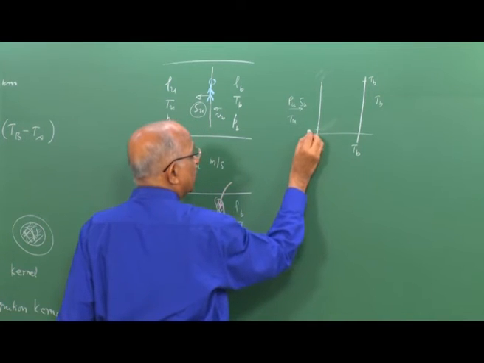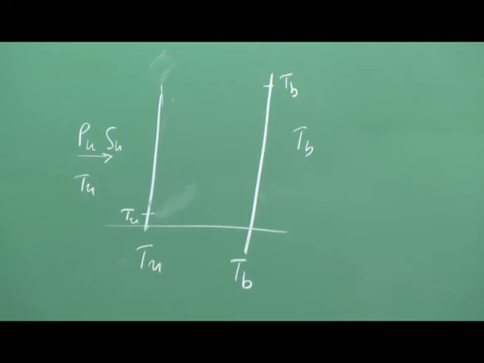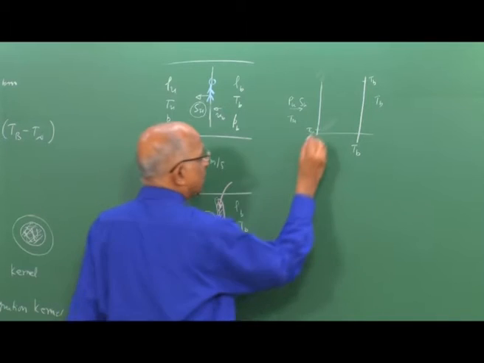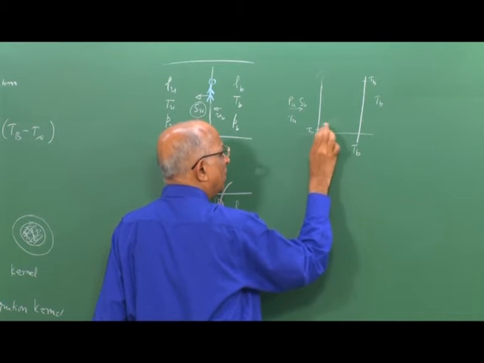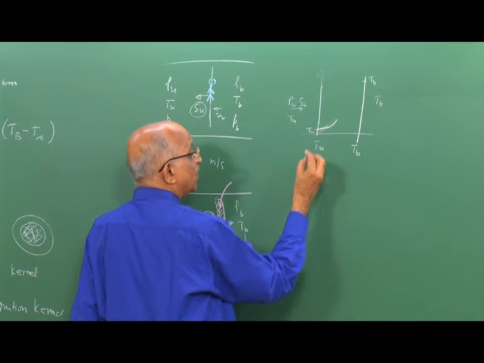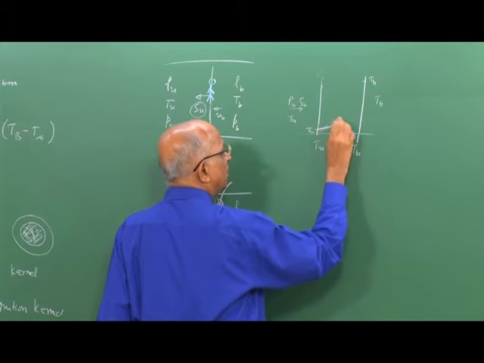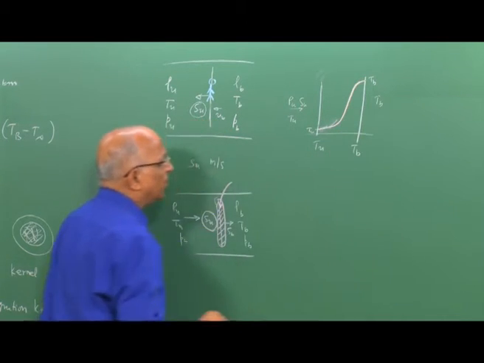Let us say that the temperature of the unburned gases on the left-hand side is Tu. The temperature increases from Tu to a level where the chemical reactions begin to take place, and once they begin, the chemical reactions occur fairly fast, and therefore it reaches this and comes over here.